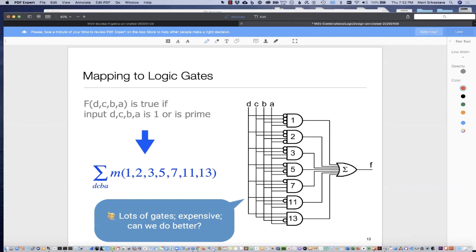But I have replaced, it was what, 3 and 5, right? So I have replaced 2 4-input gates with 1 3-input gate. And if I can do this a lot, I can reduce the circuit down quite a bit, right? In terms of cost, that makes sense.